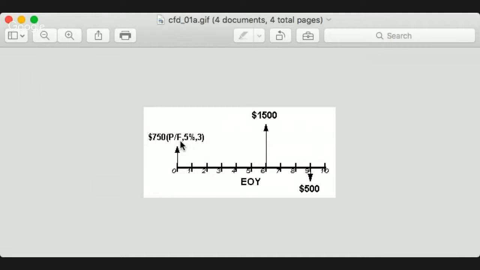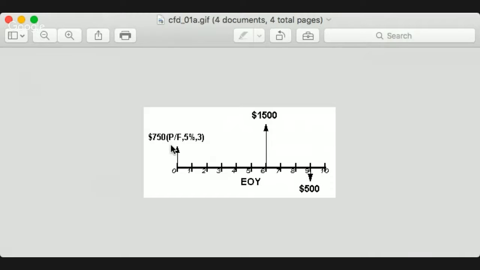And the very first term here, P/F, is the following in words: present given a future. So this is given a future amount, which we were given, $750. We want to find P, the present amount.